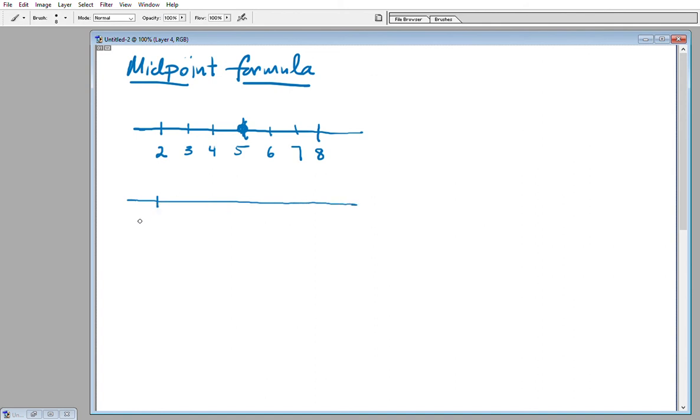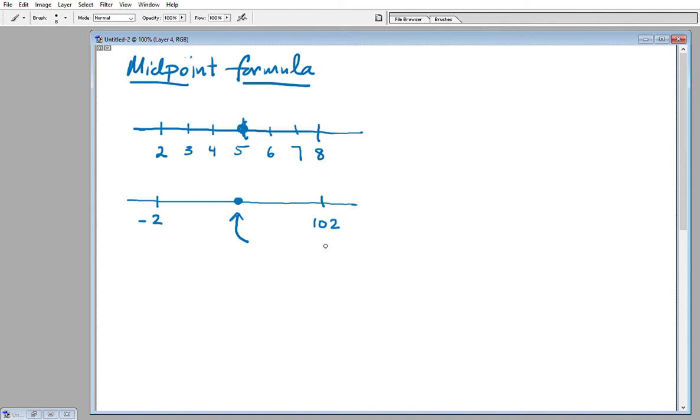Let's say we had something that we can't really place the notches in between. It'd be too much. Let's say we had -2 and 102. We want to know this middle point. What calculation can we use to get the middle point? Any idea? Well, the middle point is simply the average.